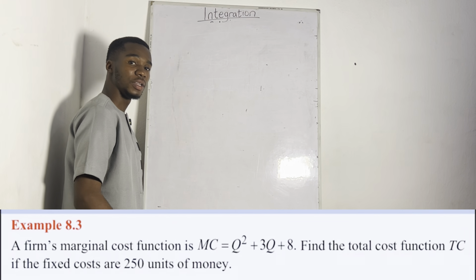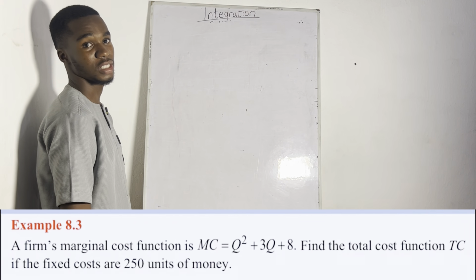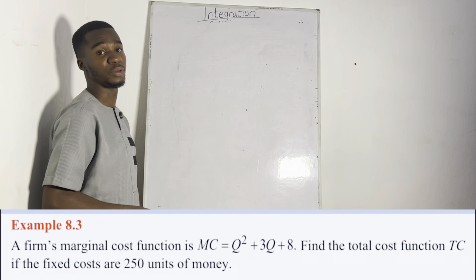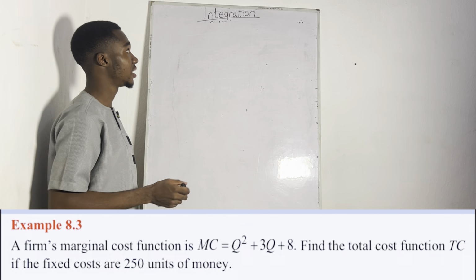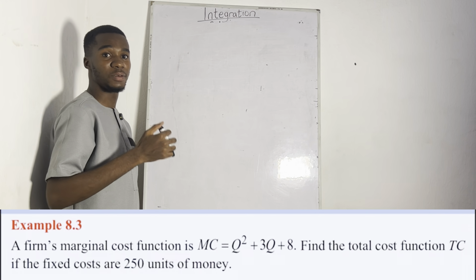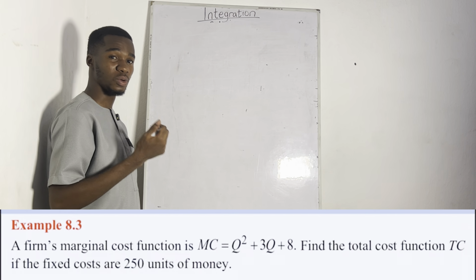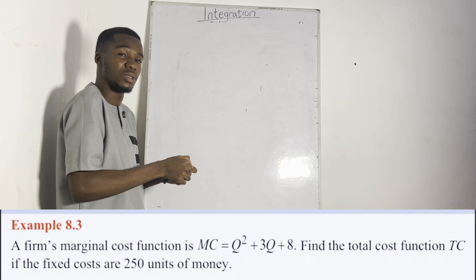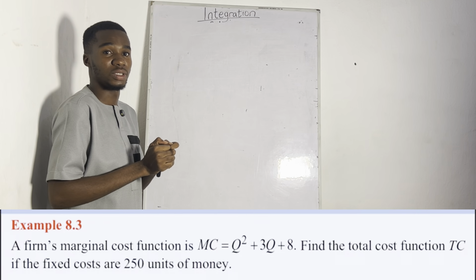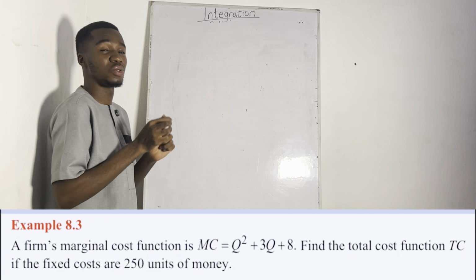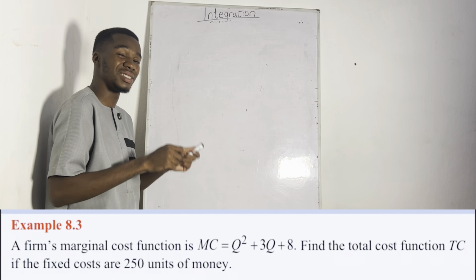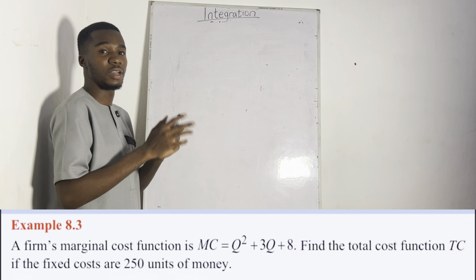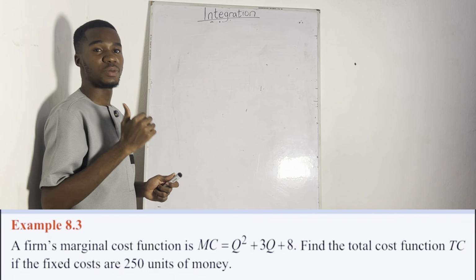Now remember when you are doing differentiation, which I'm sure you have already watched before this video, because differentiation comes before this topic, I said that if you want to get the marginal functions, for example, if you have total cost and you want to get marginal cost, you have to differentiate the total cost function. Similarly, if you have the total revenue function and you want to find the marginal revenue function, you have to differentiate the total revenue function. I hope you guys remember that.